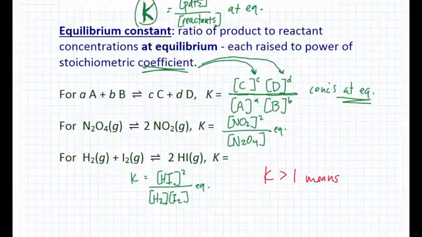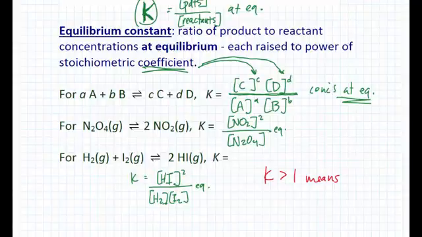Let's make some sense of this. What does it very generally mean if K is greater than 1? In any of those cases, what's the general thing we could say if K happens to be a number greater than 1?